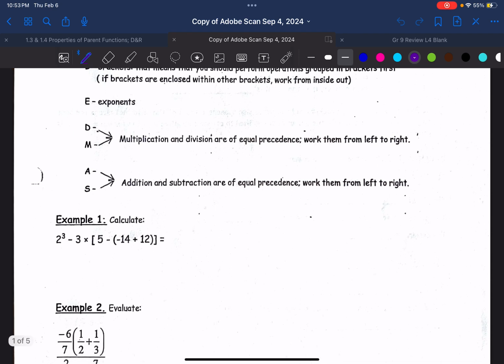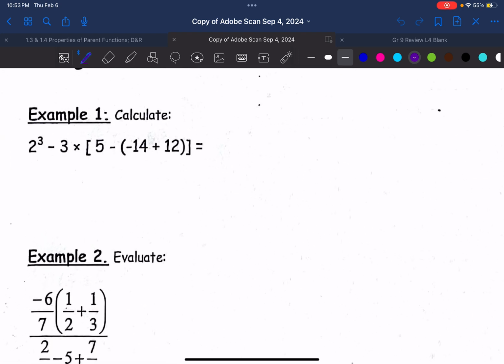So for example, with example 1, we're asked to calculate the value of that whole expression. I'm looking here and I am seeing brackets. If I use BEDMAS as a checklist and I'm starting with B, I say I have brackets, I need to tackle these brackets first.